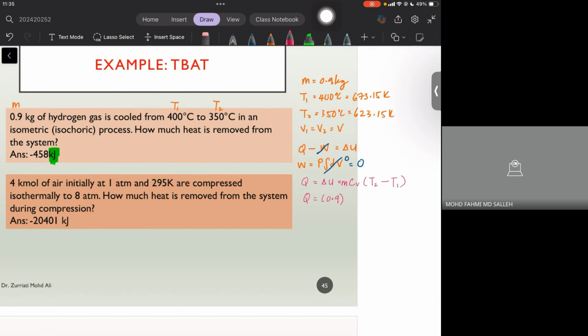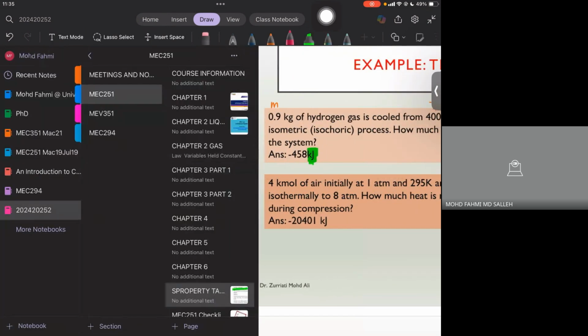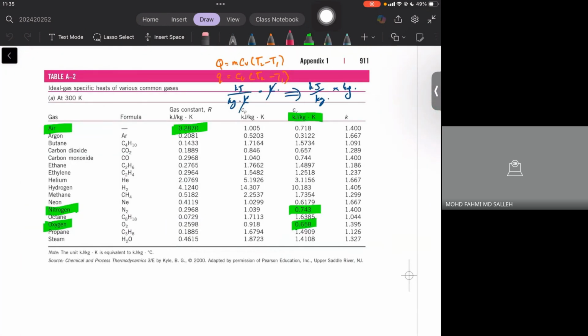For hydrogen, it is not given in the question, so we look into the property tables, table E2, and look for hydrogen. The specific heat at constant volume is 10.183 kilojoule per kilogram Kelvin.